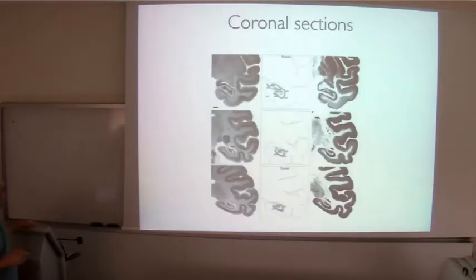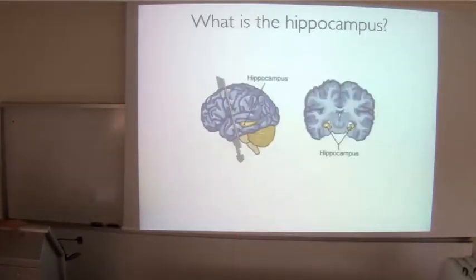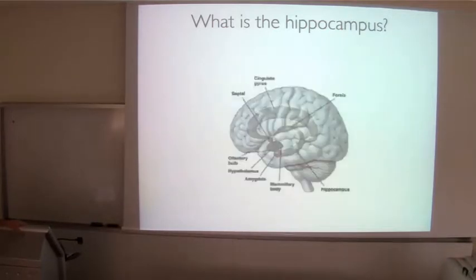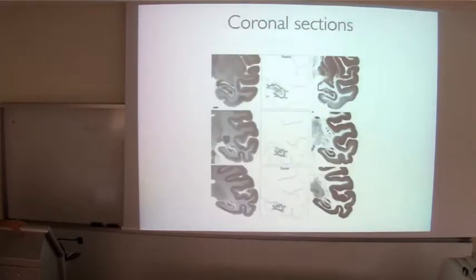One of the things that I wanted to show you, which I thought is important, is that if you look at the hippocampus in the brain, the next thing that you always see is these types of slices like that.